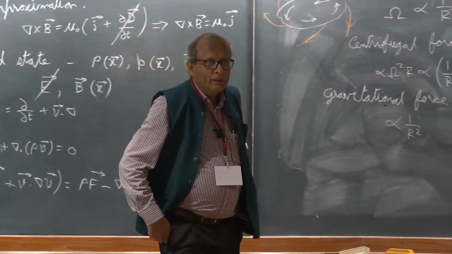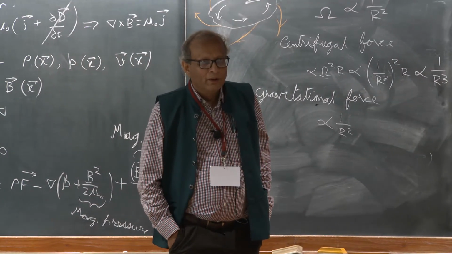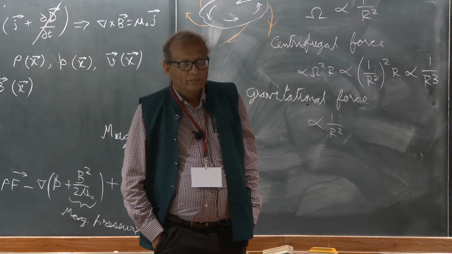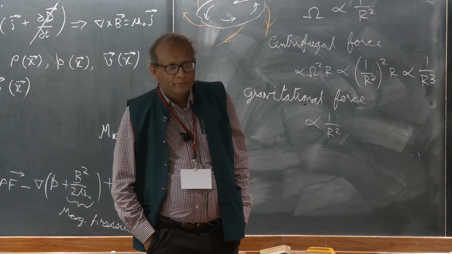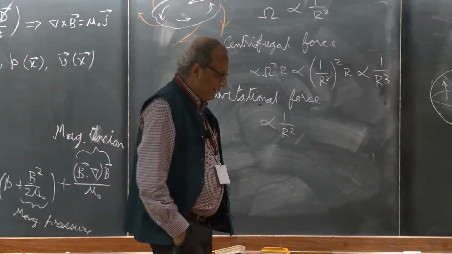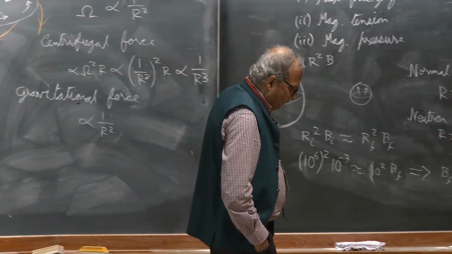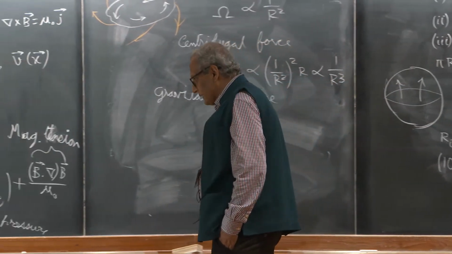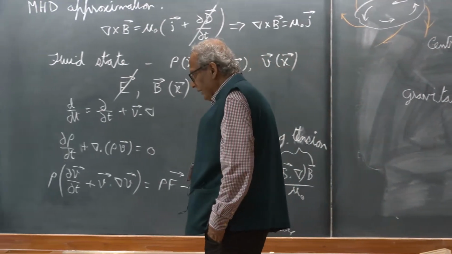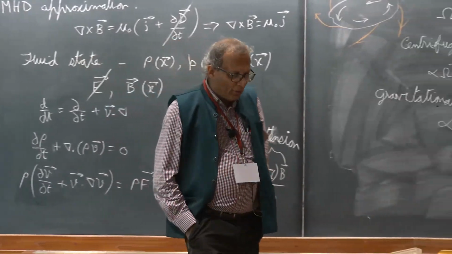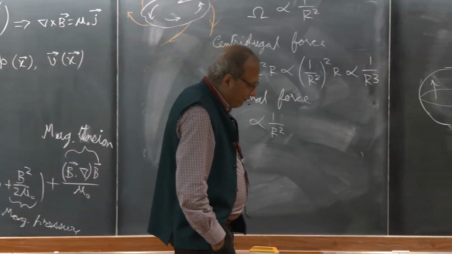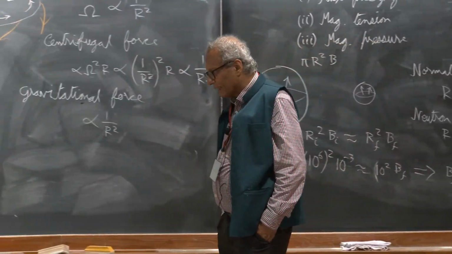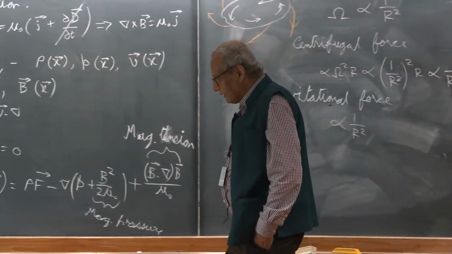Yes? When we have to discuss convection, so due to temperature gradient, will the temperature get coupled to these equations, or does that have its separate, independent treatment? Well, I think if you systematically learn stellar structure theory, if you look at the standard textbooks on stellar structure theory, in my book Astrophysics for Physicists also there is a discussion, and one of the classic textbooks on stellar structure theory is by Martin Schwarzschild.